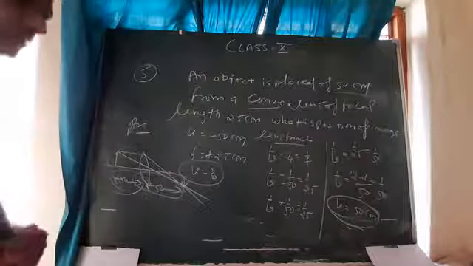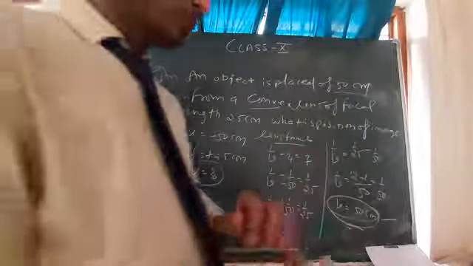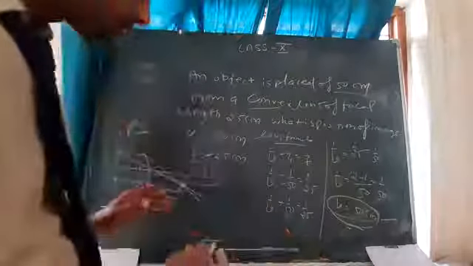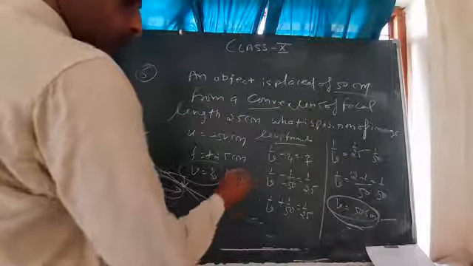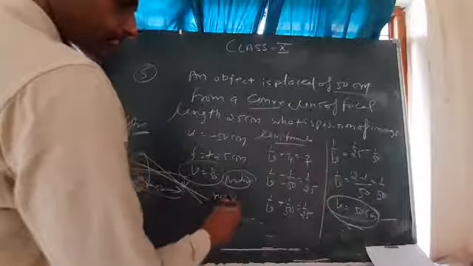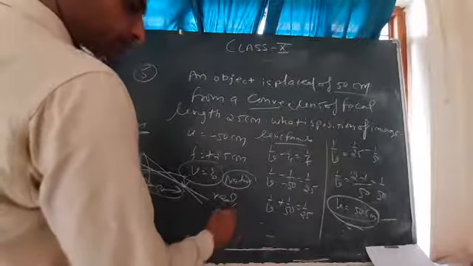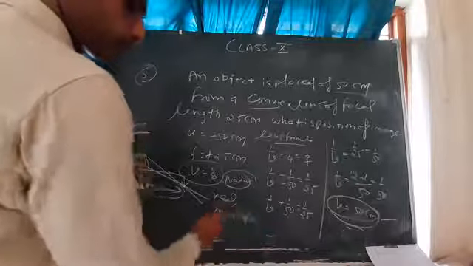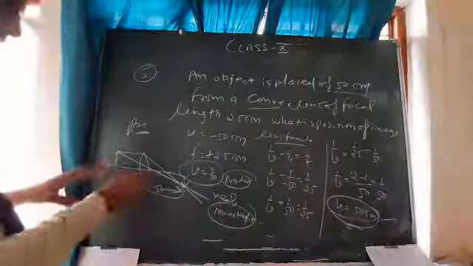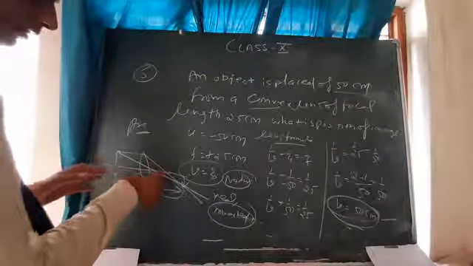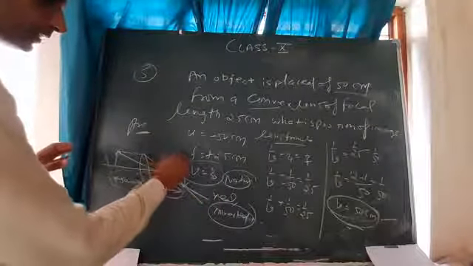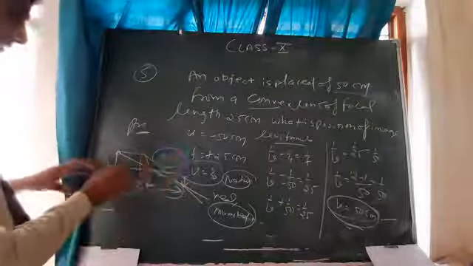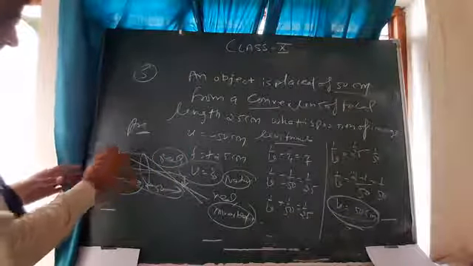So the nature of the image is real and inverted, because as you know, if the image is placed on the right side, then the image is real, and if the image is placed on the left side, it is virtual.